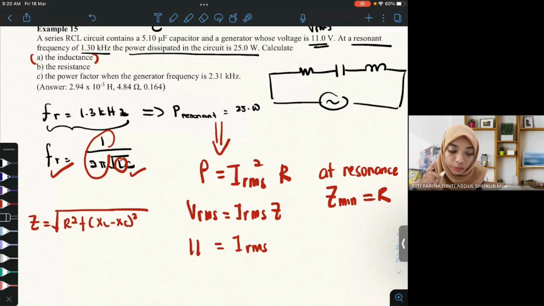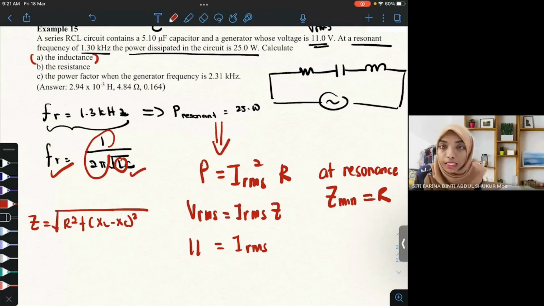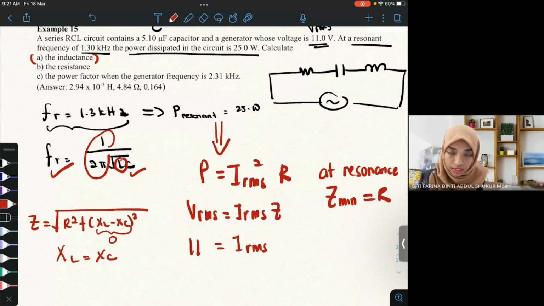However, kita punya syarat sekarang adalah at resonant. At resonant, Z kita adalah paling minimum dan Z kita akan sama dengan R. Sebenarnya kenapa dia boleh sama dengan R adalah resonant hanya akan berlaku bila XL is equal to XC. So bila XL equals XC, this one becomes 0.